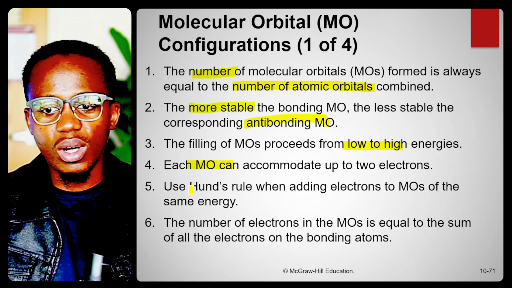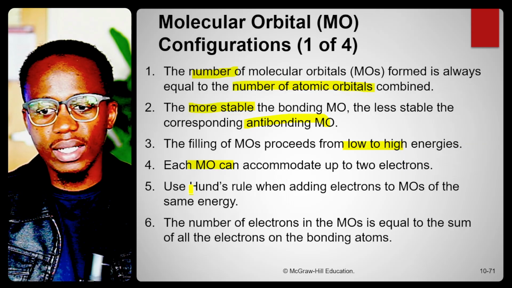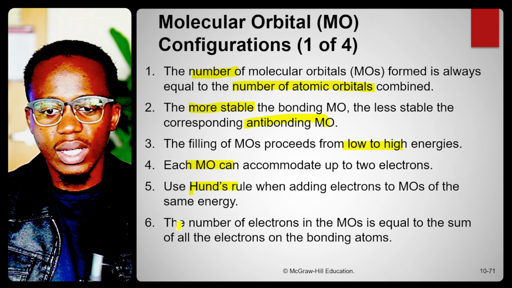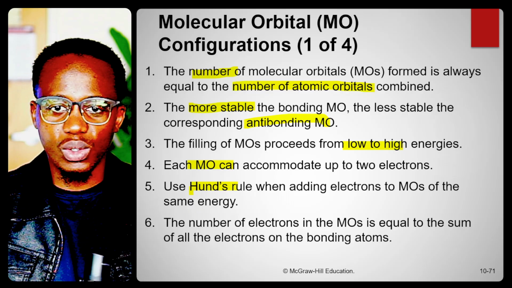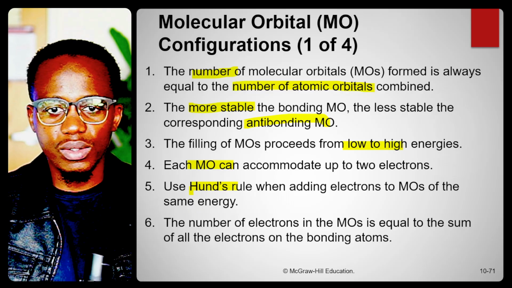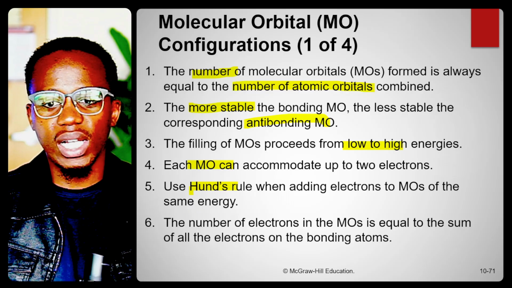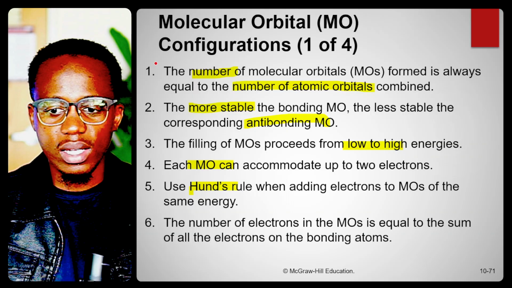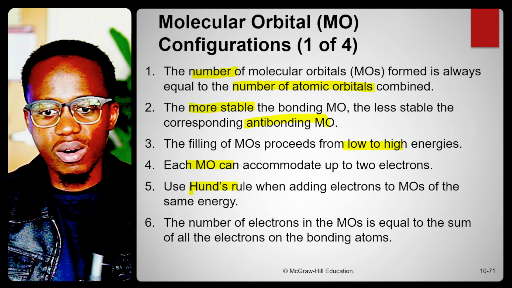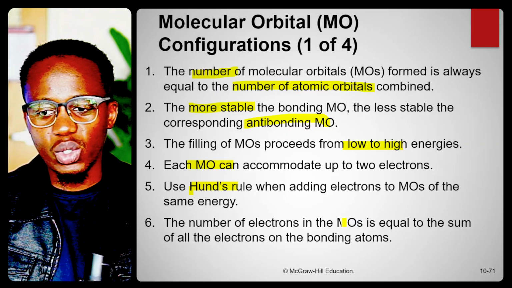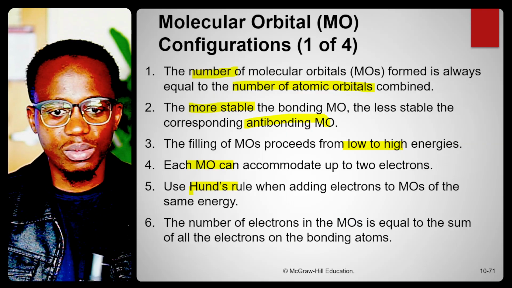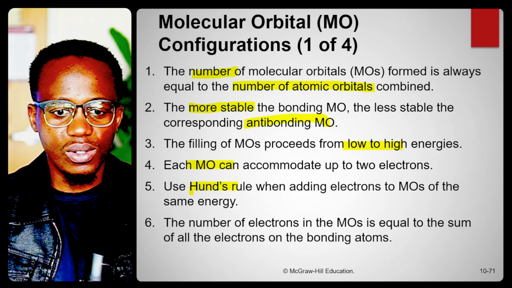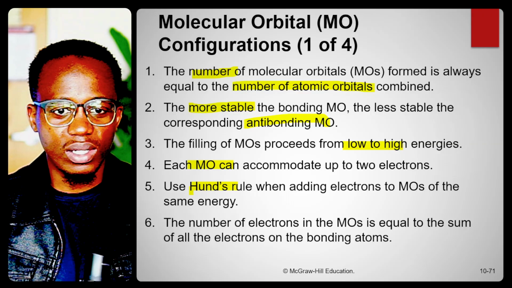When adding electrons, we're going to use Hund's rule, which means you start by filling the empty ones, but we'll talk more about that. And the number of electrons in the molecular orbitals is equal to the sum of the electrons on the bonding atoms, not the anti-bonding. So let's put that into practice to see how it looks.